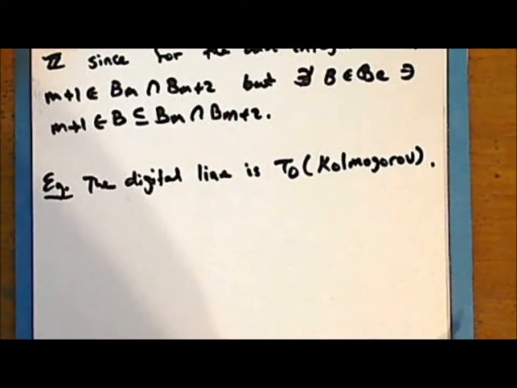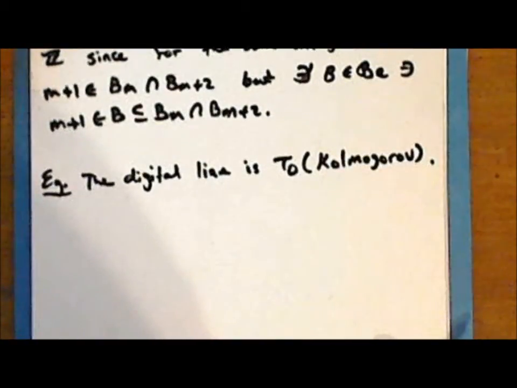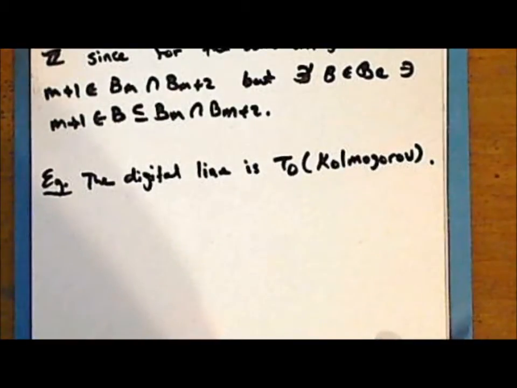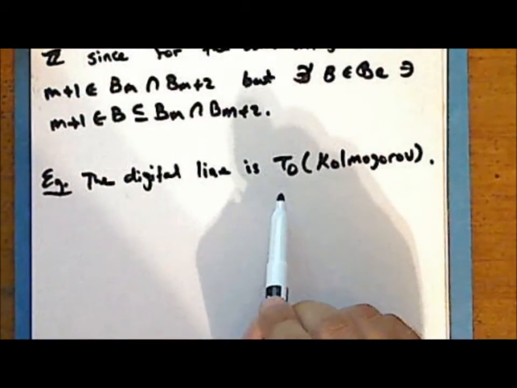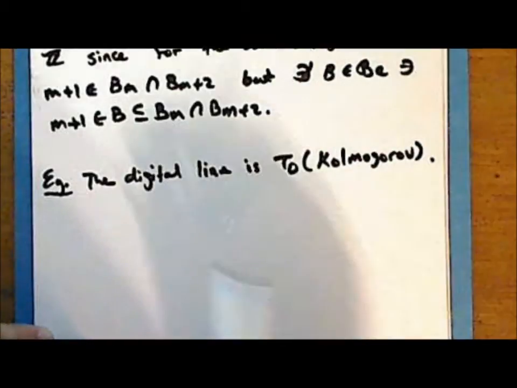In particular, the singleton sets containing the odd integers are open but not closed. And so the digital line is not T1 and therefore is also not T2. And so we will now show that the digital line is T0, and this is the strongest separation condition satisfied by the digital line.